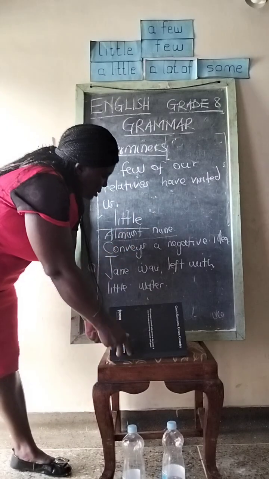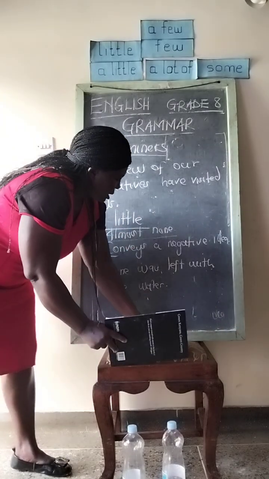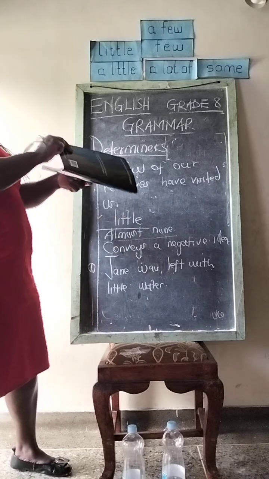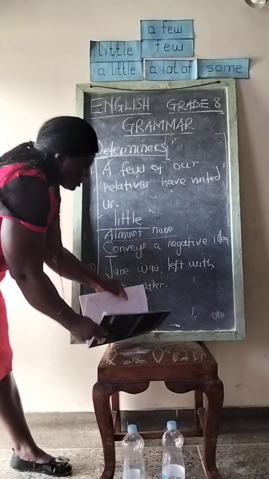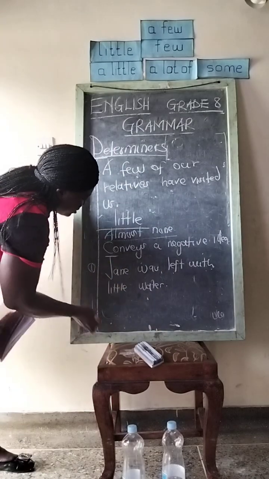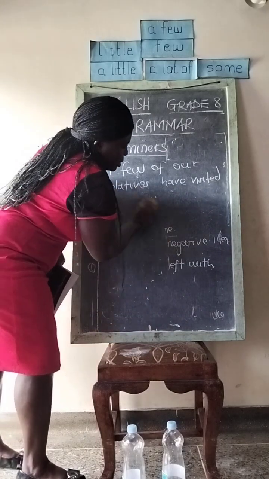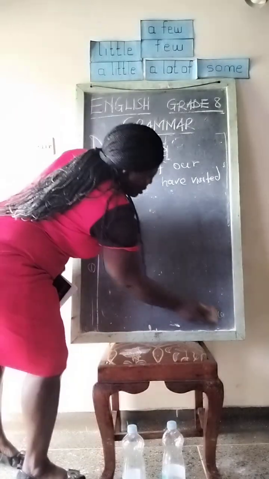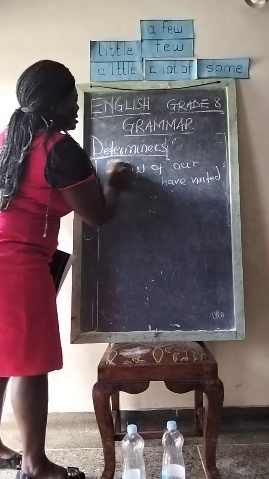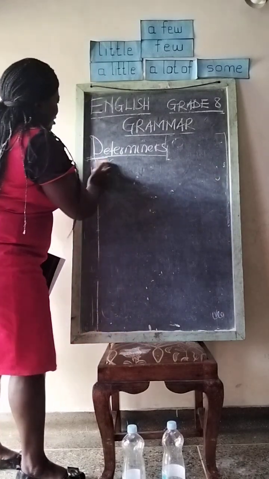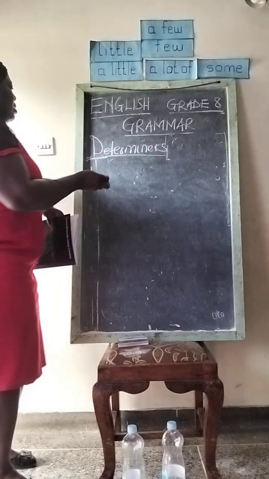Also make your own sentence using little. Then we have a little. I have a mini blackboard, so I'll keep on rubbing as I write. I hope you also don't get bored.